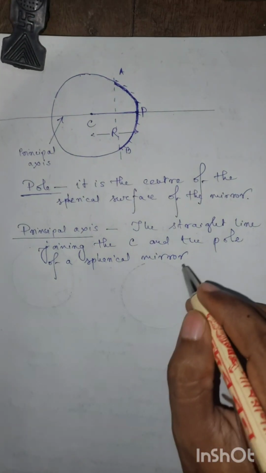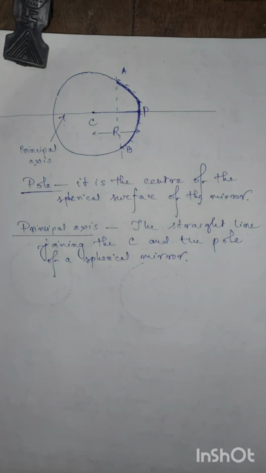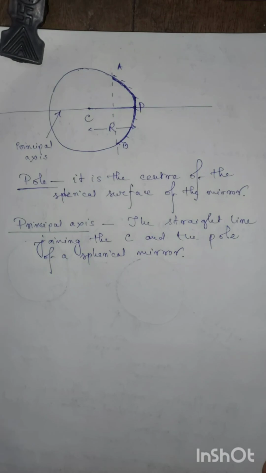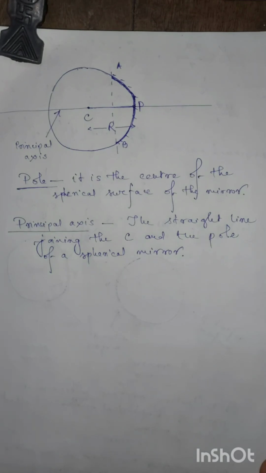Okay, the straight line joining the center of curvature and the pole of a spherical mirror is called its principal axis.